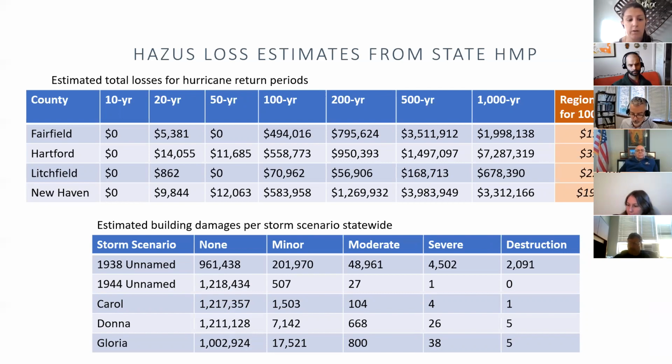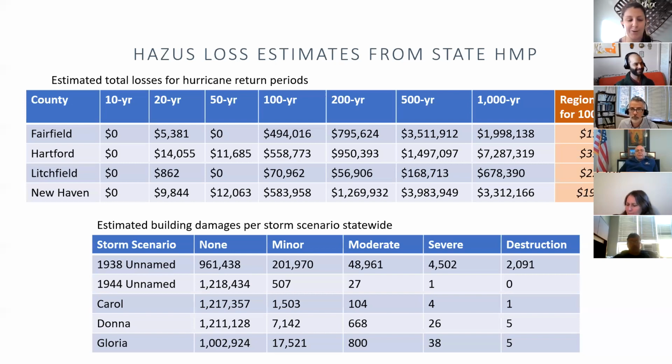And then we also take a look at earthquakes under HAZUS, another hazard. Because we don't have those numbers specifically for the county yet, we do like to take a look at the past occurrences in historic events. So you can see building damages from the 1938, 44, Carol, Donna, Gloria hurricane damages, not earthquake.